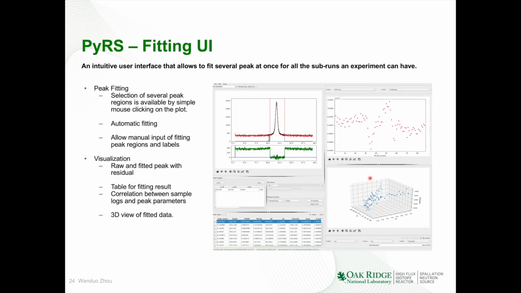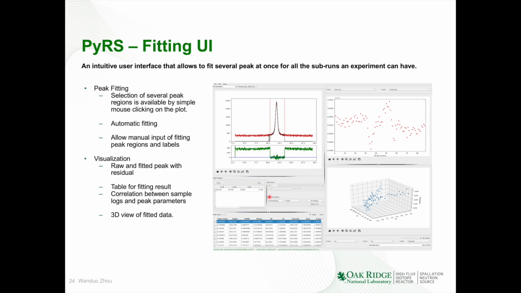Peak fitting requires more involvement from the user, though we have developed decent algorithm to estimate the starting value of peak parameters automatically. We will still provide users with an interactive interface to select one or multiple peak regions for fitting. The result of the peak fitting can be visualized in various ways.